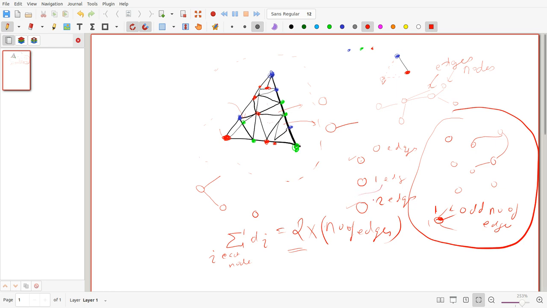There has to be a node with degree 1. In fact, what we have proven is something stronger: there has to be an odd number of such nodes. Let that sink in. So there has to be an odd number of nodes in this graph which have a degree of 1.